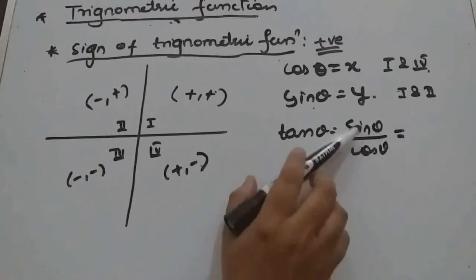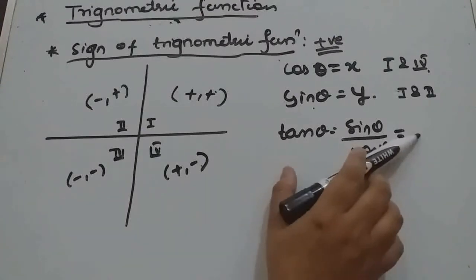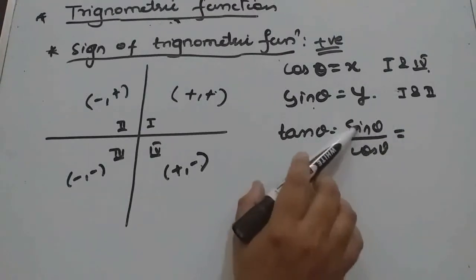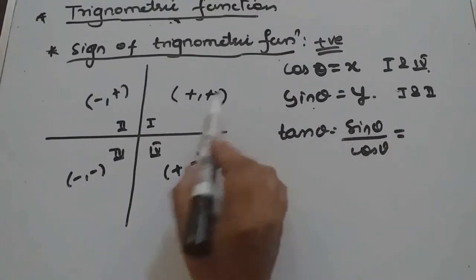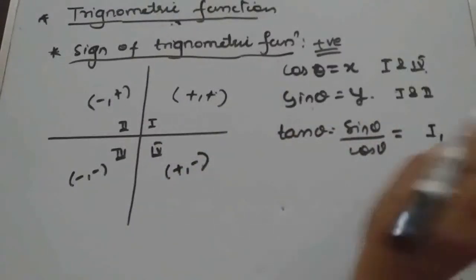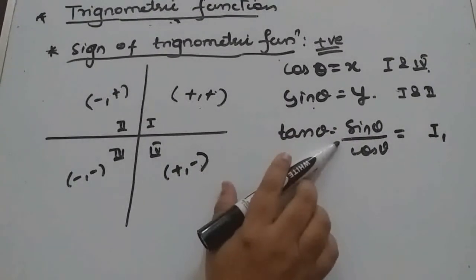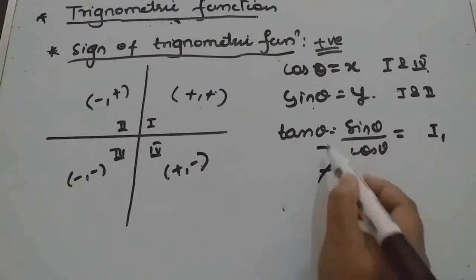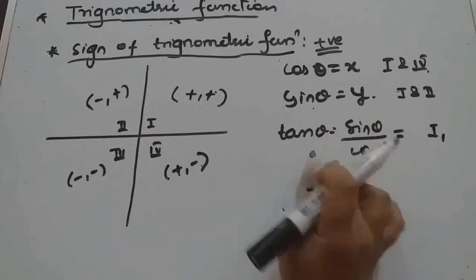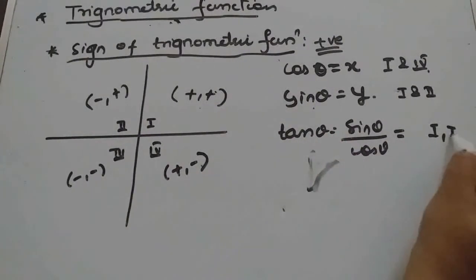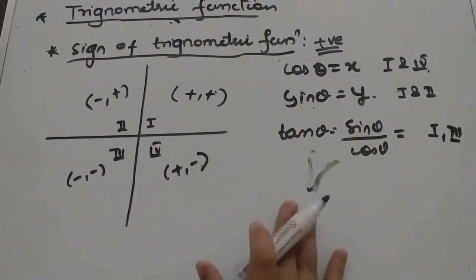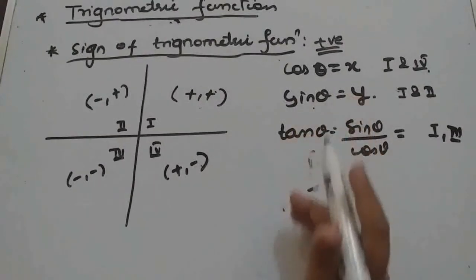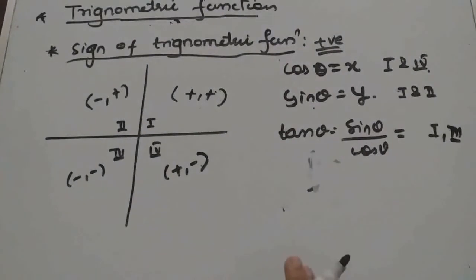So if any one of these two is negative, tan will be negative. Both positive means positive, so in the first quadrant it will be positive. And if both negative, they cancel, so in the third quadrant it is positive.